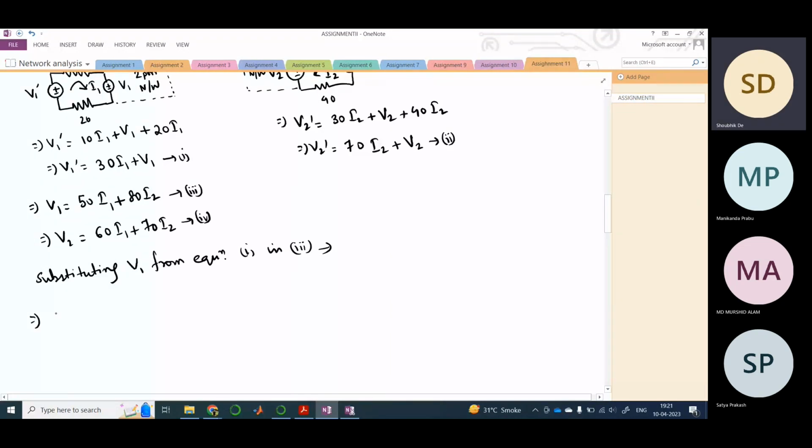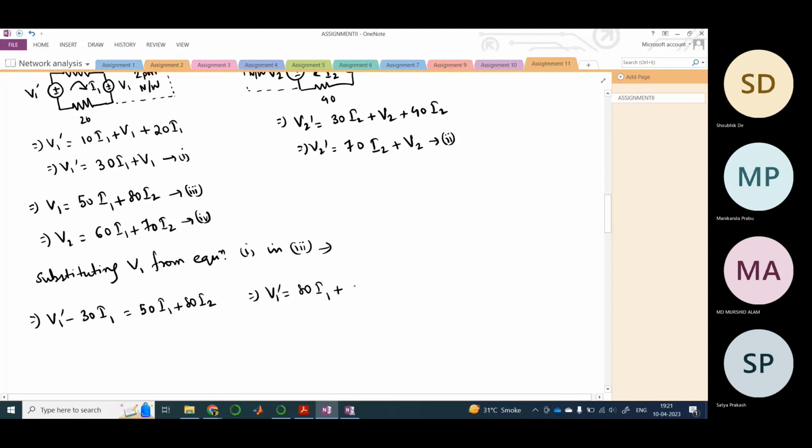So it would be V1 dash minus 30 I1 equals 50 I1 plus 80 I2. So V1 dash is 80 I1 plus 80 I2.